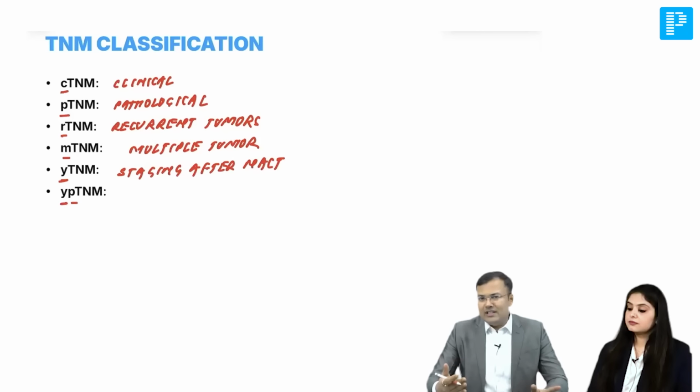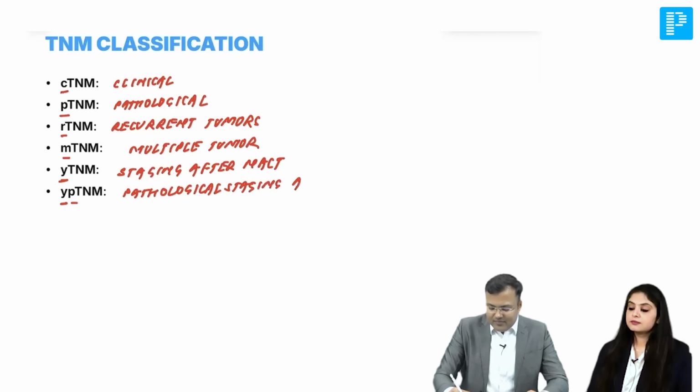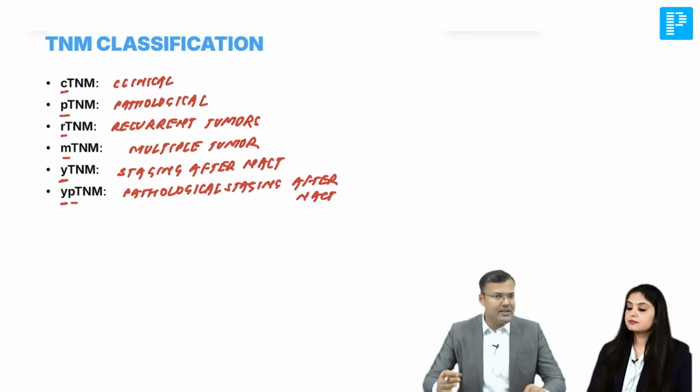So P means pathological staging, done after neoadjuvant chemotherapy. I'm repeating: C clinical, P pathological, R recurrent, M multiple. What you have to remember is Y and YP. So this is TNM classification.